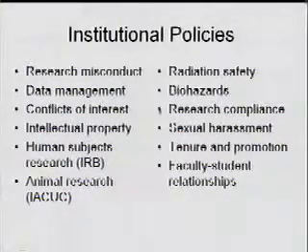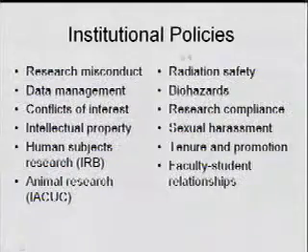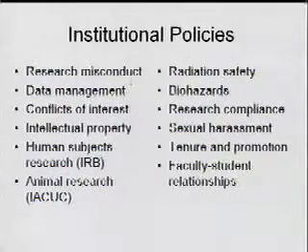So examples of institutional policies: research misconduct, data management, conflicts of interest, intellectual property, human subjects. So the IRB is the Institutional Review Board. If I'm asked to fill out a survey, even if there's no obvious risk of harm to me coming through email at UTSA, I instantly reply and say, what's the IRB number and where's the statement to recruit me as a human subject?